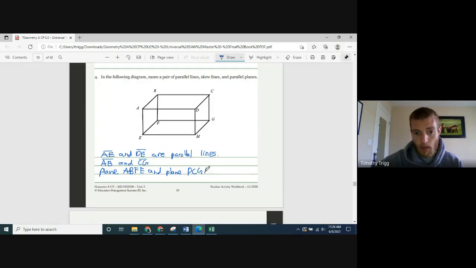So those are examples of parallel planes. Now, if you use the top and bottom, that's fine. Or if you use the front and the back faces, that's fine too. And I want you to finish that sentence, are parallel planes. Okay, so plane ABFE and plane DCGH are parallel planes.